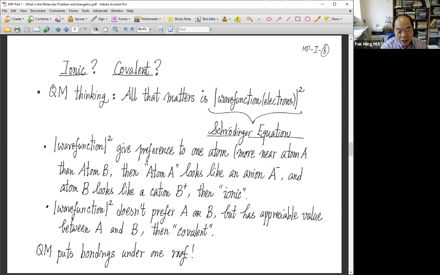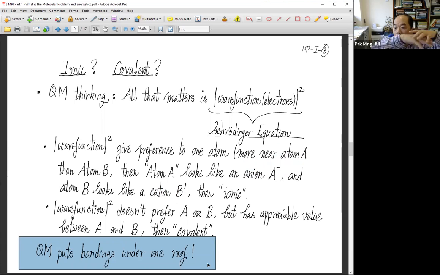Otherwise, if it does not prefer any side, you will call it covalent. So the message is that quantum mechanics will put bonding, this topic, under one umbrella, one roof. Just solve the quantum mechanics Schrödinger equation. That's it, okay? You don't need to pre-decide this is covalent, this is ionic.